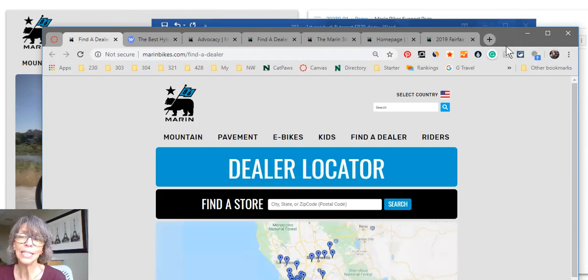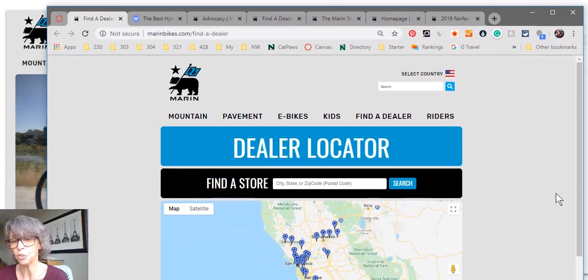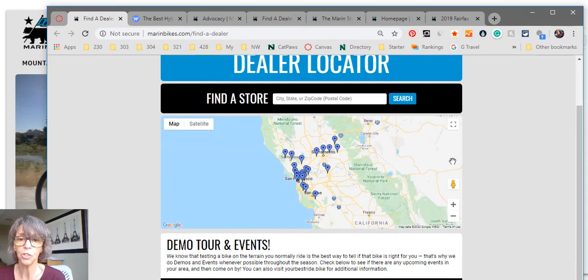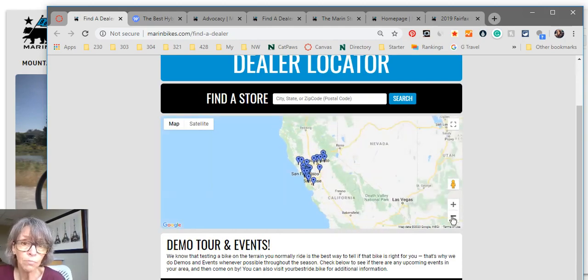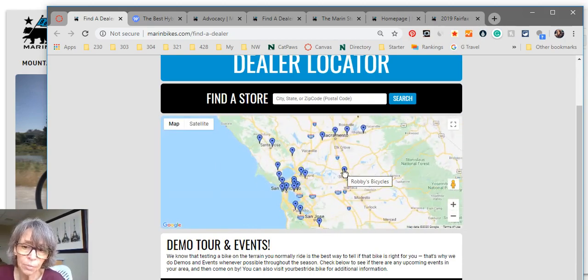So what that means is that Marin Bikes is sold through biking stores. When you look at this page, first of all, you get a geographic area of where Marin is. Clearly, they're out in California, so they're West Coast. If you start clicking on some of these, or even putting your mouse over them, you get an idea of where these bikes are sold.